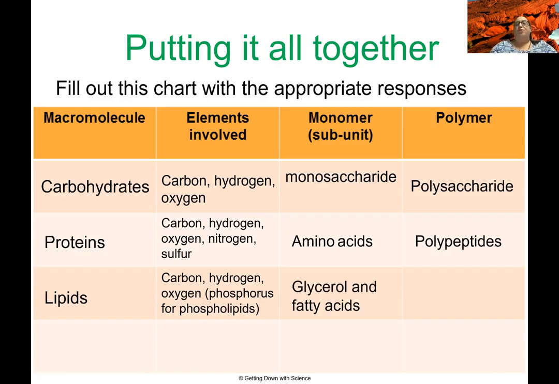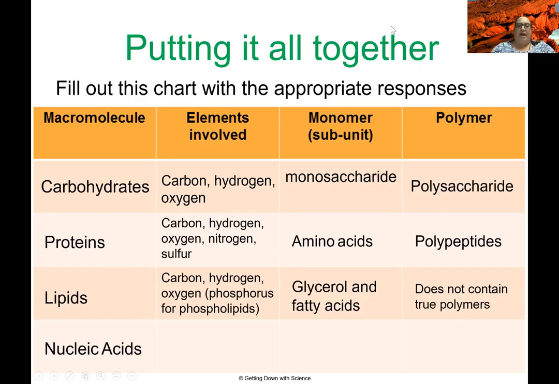And especially when we're talking about the triglycerides or the base structure for phospholipids, we have the glycerol, that's the alcohol, with fatty acid chains, fatty acids. The polymer, it doesn't really contain any true polymers. We're going to make different types of lipids based on how we combine these different molecules.